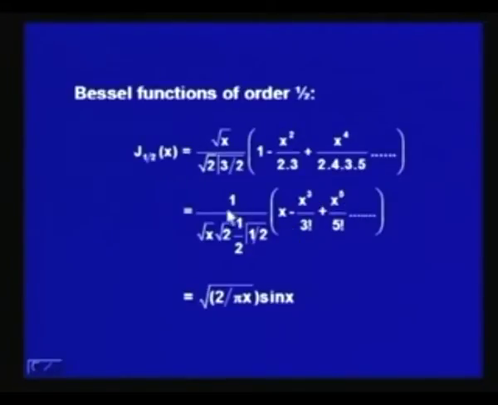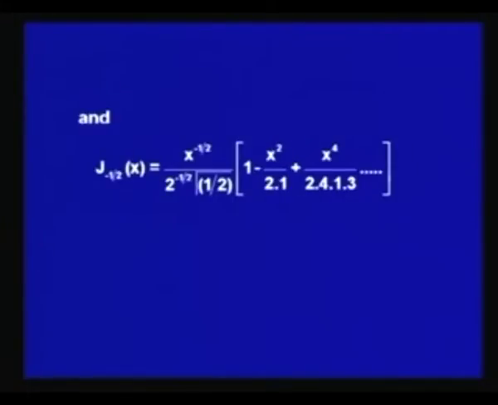So, we can write J half x as equal to square root 2 over pi x into sin x, and J minus half x is equal to x to the power minus half over 2 to the power minus half gamma half into 1 minus x square over 2 plus x to the power 4 over 2 into 4 into 1 into 3, which is equal to square root 2 over pi x into cos x.